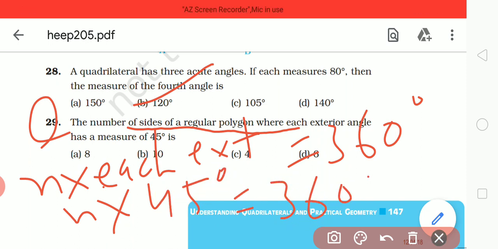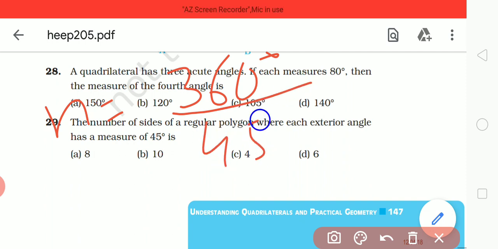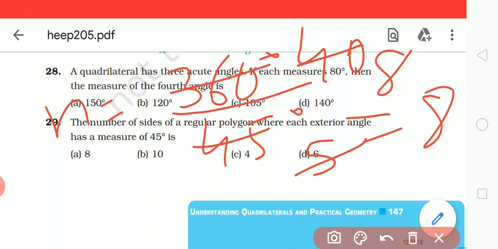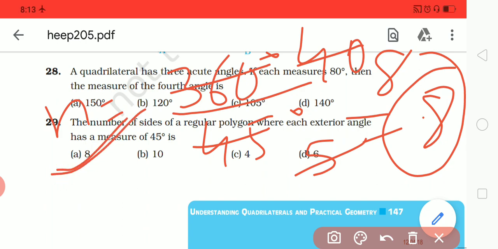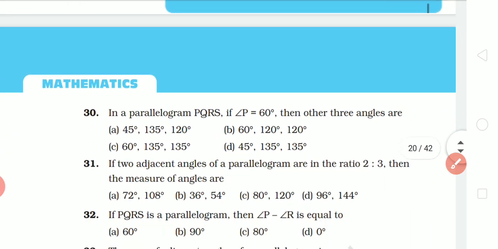Now find n: when you transpose 45 to the right hand side, it will come in division. 9 5s are 45, 9 4s are 36, and 0, sorry, it is 8. So it is an 8-sided polygon. An 8-sided polygon is called an octagon, right? So this is option A. Come to question number 30.